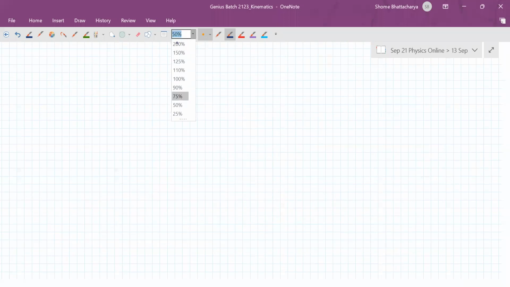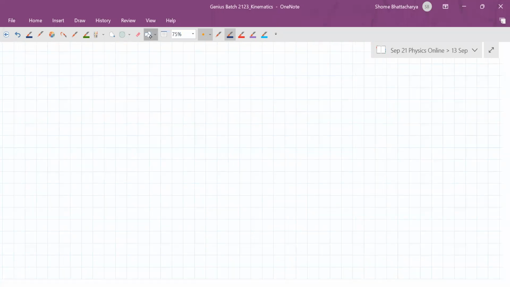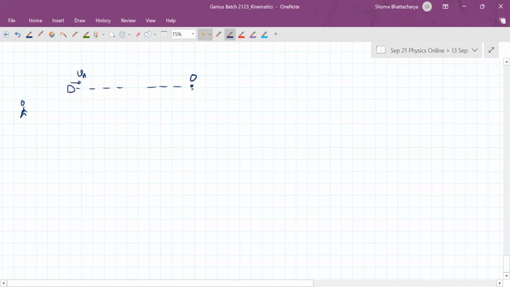So if we look at this thing from three perspectives, one is from the ground frame perspective. The ground frame observer is seeing A move like this. He's seeing the intersection point as stationary. And he's seeing B move like this. So after some time, he would have seen that A has reached somewhere over here, B has reached somewhere over here.